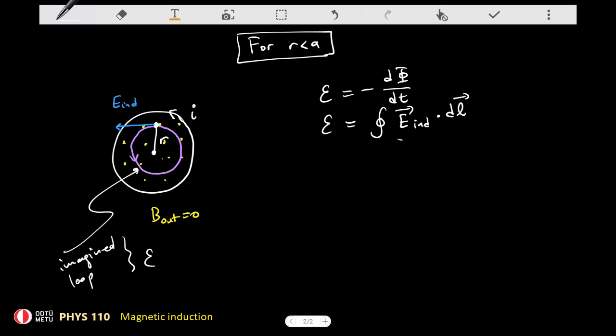One alternative way involves the use of the electric field, which is the one that we would like to compute. So what we do is we equate this line integral of the electric field to the Faraday's law expression. Since I can compute the right-hand side easily, I can also compute the left-hand side easily.